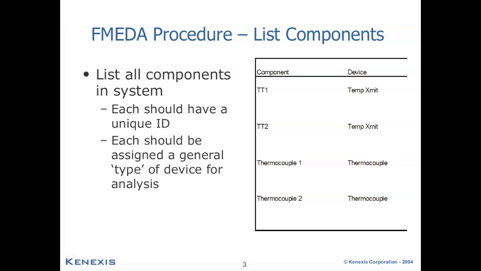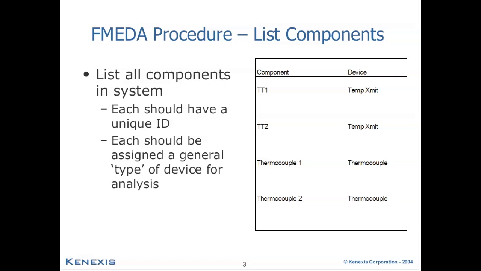So in this case, I have 4 components in my system, 2 temperature transmitters upstream and downstream, and a thermocouple for each of those transmitters, and the overall functionality of those 4 components is to calculate the probability or the likelihood of failure of the overall differential temperature measurement.